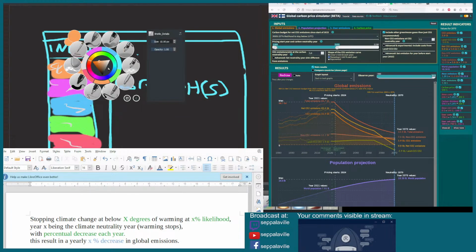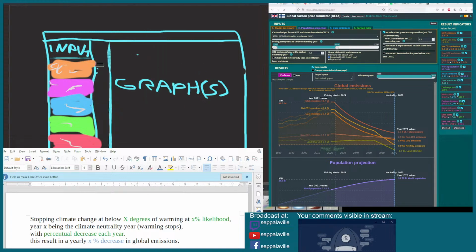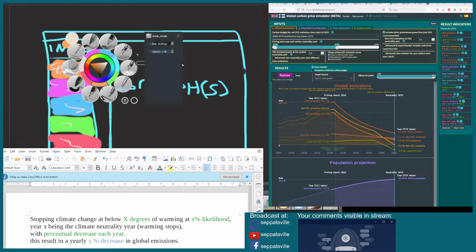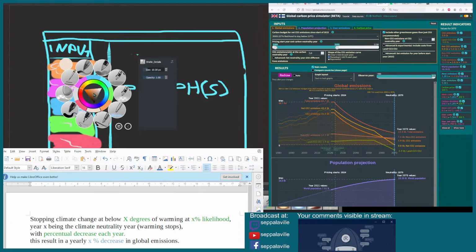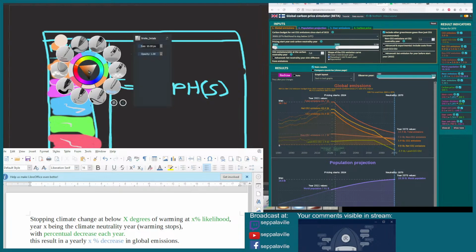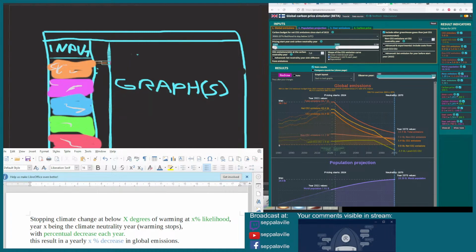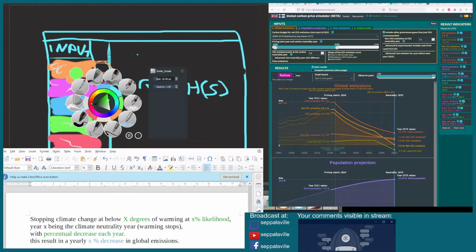Okay, these have to be in color actually. So we would have here a quite narrow strip with the same colors that they have for the tabs. Like that.